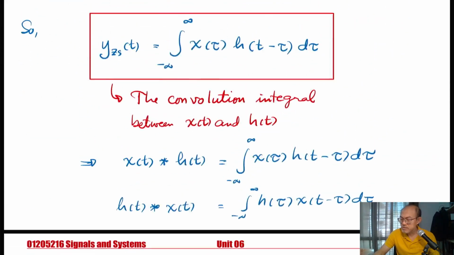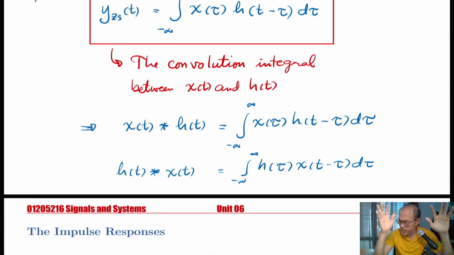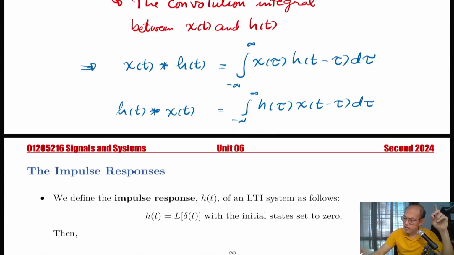So now, up till now, we are able to find a zero state response to any particular input signal x, if we know one thing. And that thing is the impulse response h.